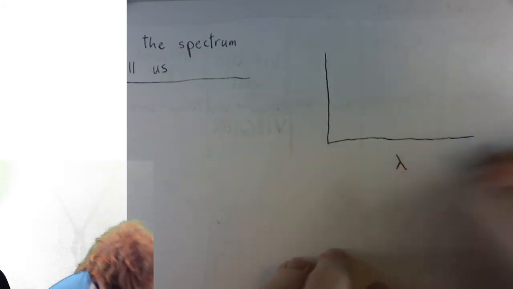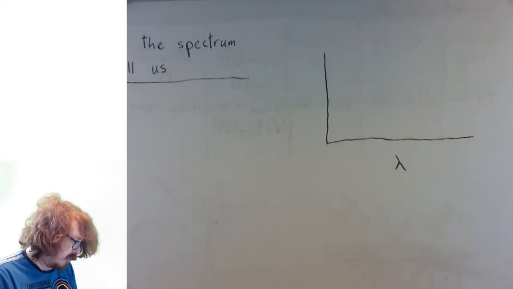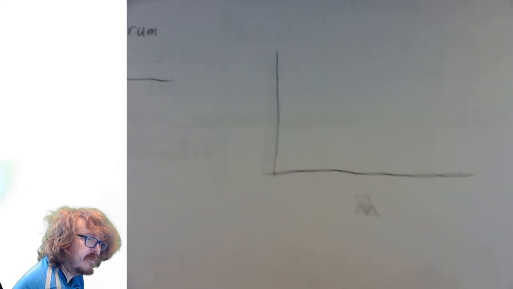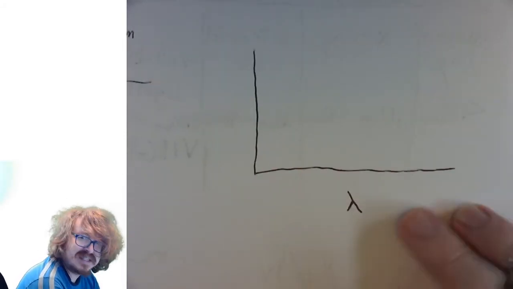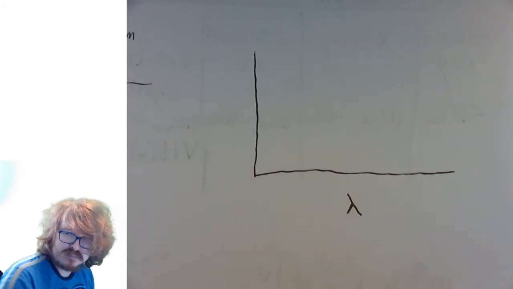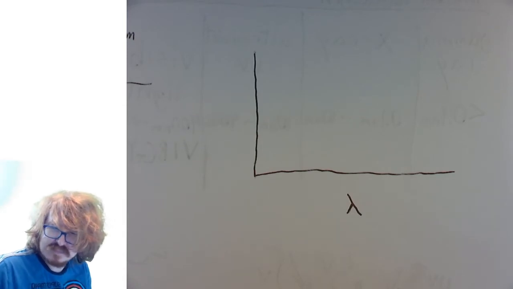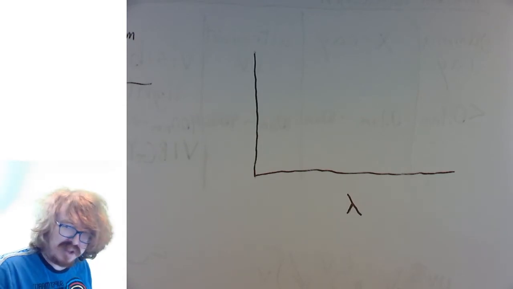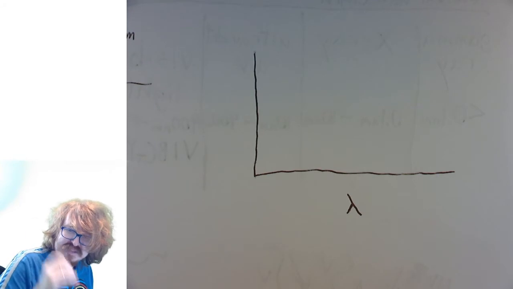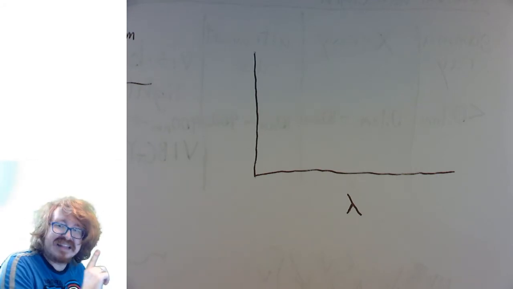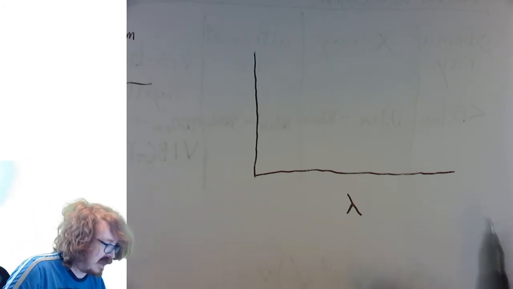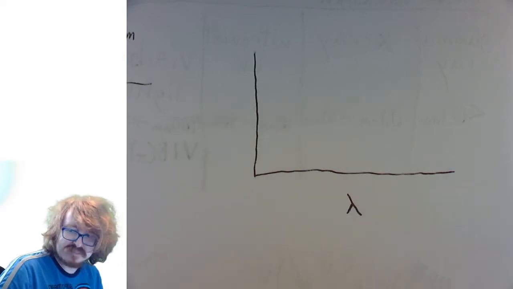Does anybody remember what that symbol stands for? Let me zoom in a little bit here. Does anybody remember what this symbol right here stands for? We talked about it over the past few times. It's called lambda, but what concept does it stand for?